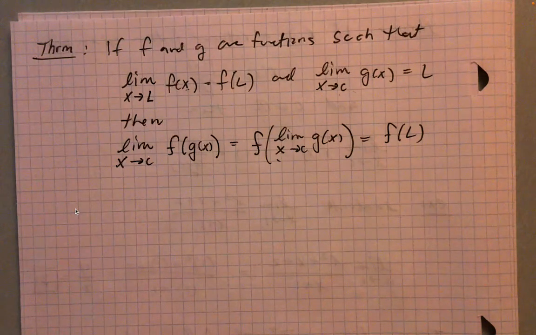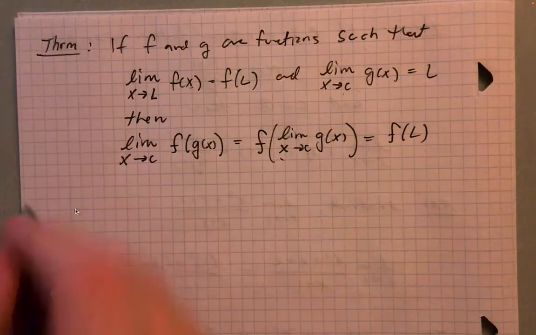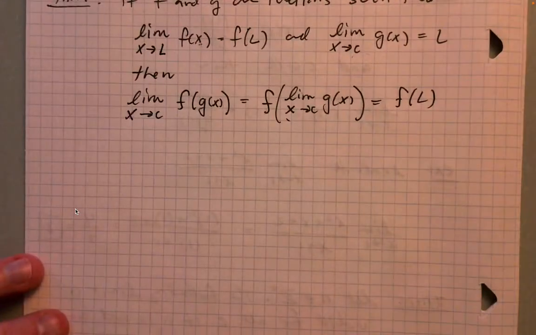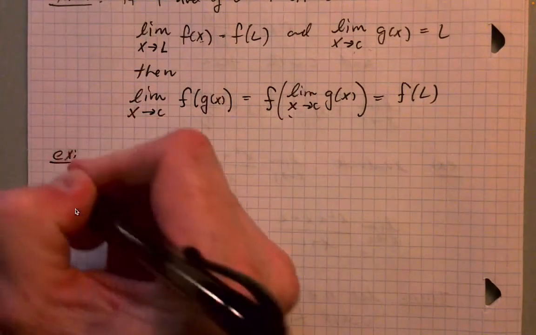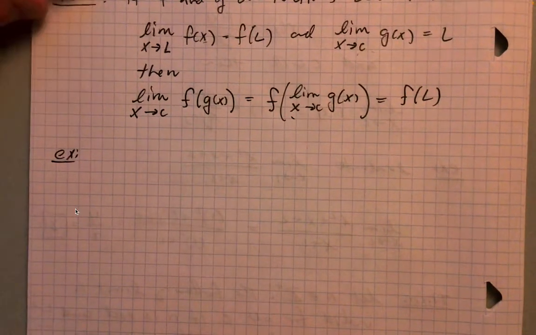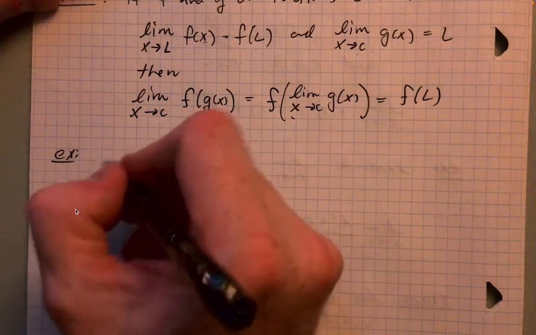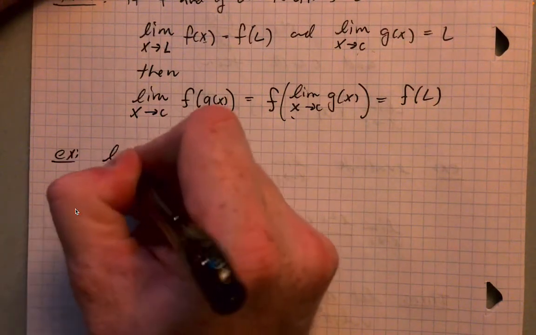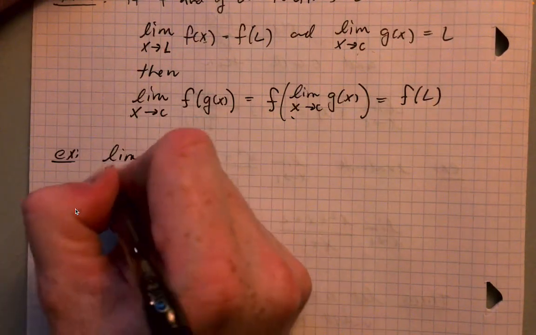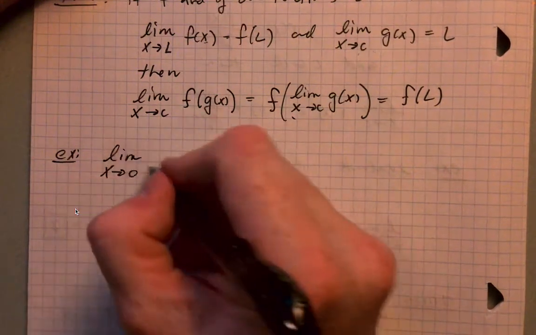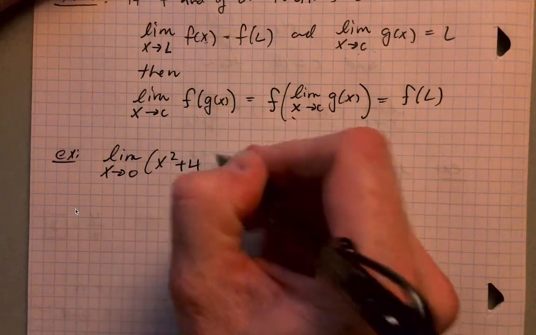Okay, so let's take a look at an example to get this a little more clearly articulated. Consider the limit as x approaches 0 of x squared plus 4.